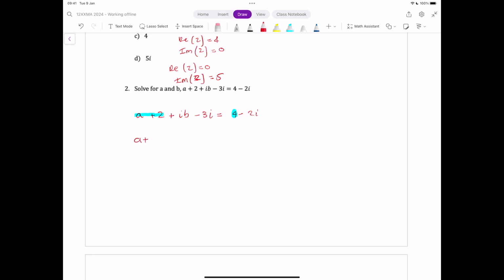So a plus 2 has to equal 4. In a similar way, the imaginary components on the left-hand side of the equation are b minus 3, and on the right-hand side, it's minus 2. Solving those two equations, we get a is equal to 2 and b is equal to minus 1. And we're done.